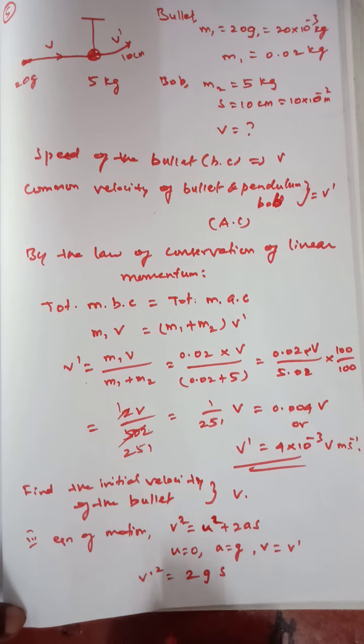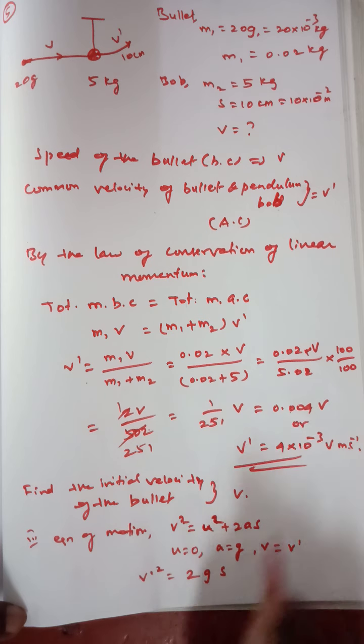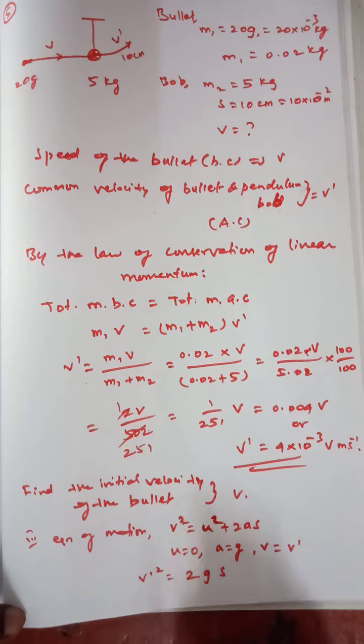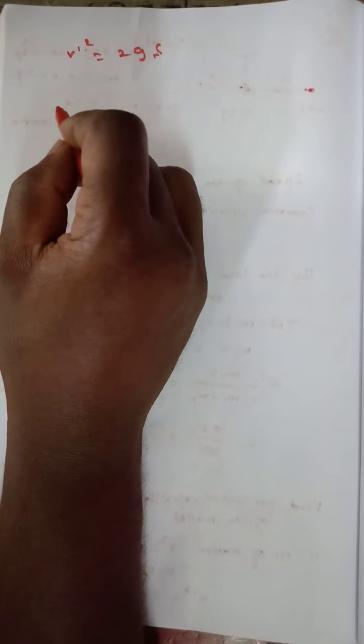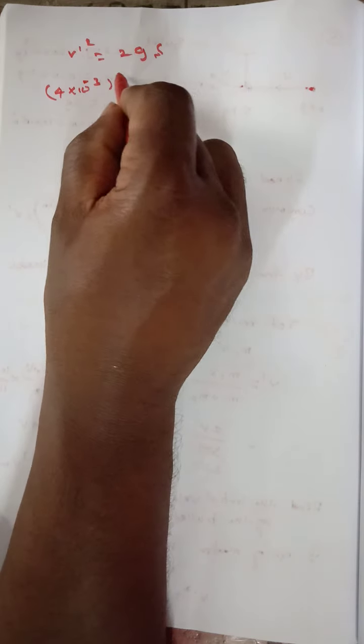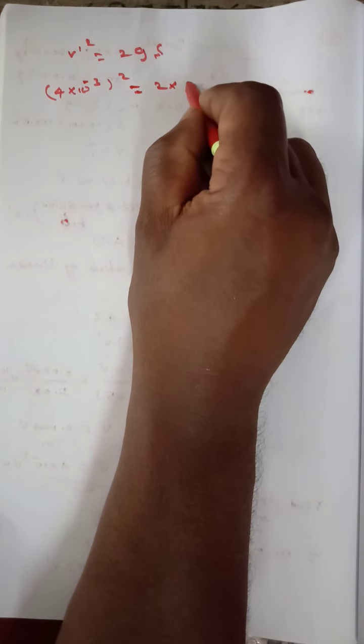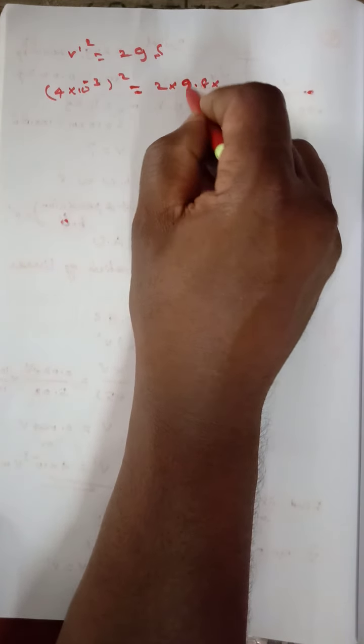Now we apply the formula for v dash, equal to 4 into 10 power minus 3 v. Substituting, we have v dash square is equal to 2g into s, so (4 into 10 power minus 3 v) square is equal to 2 into g, which is 9.8, into s.